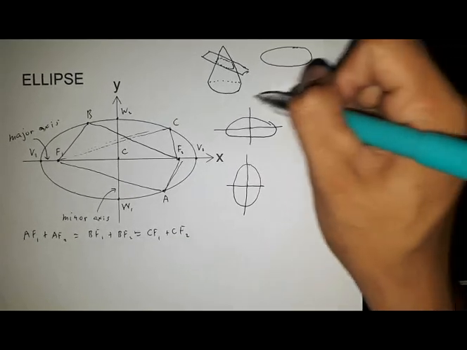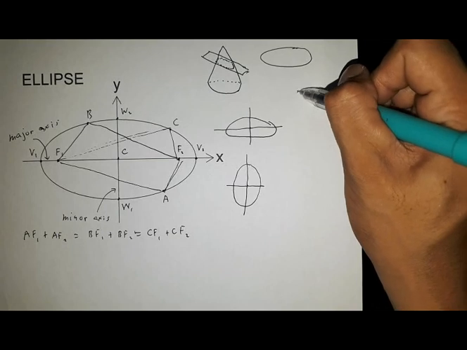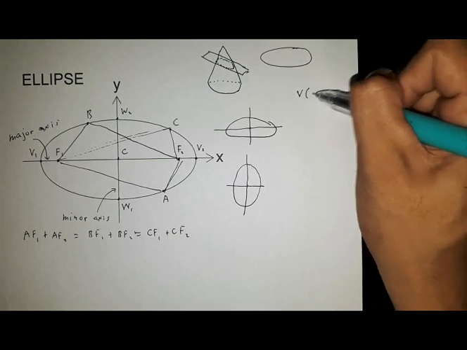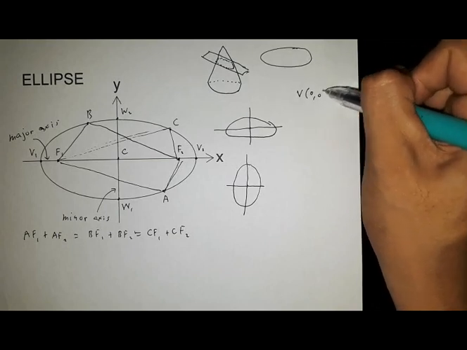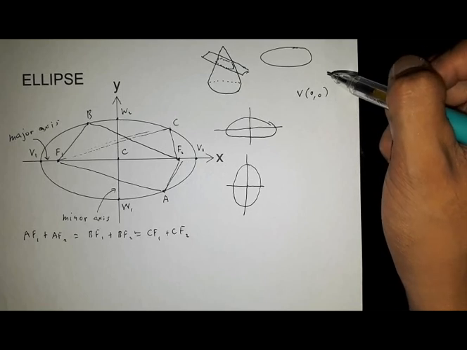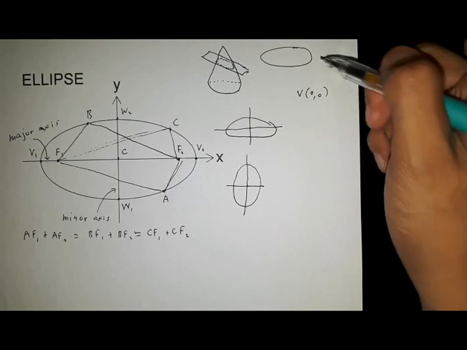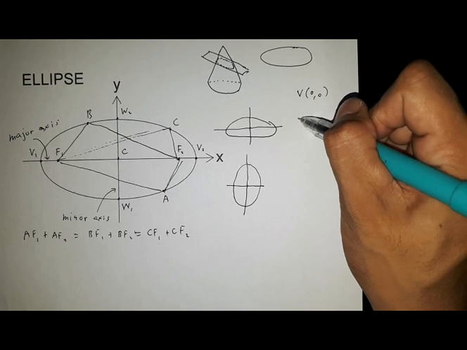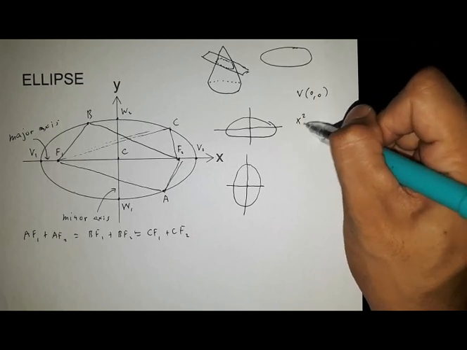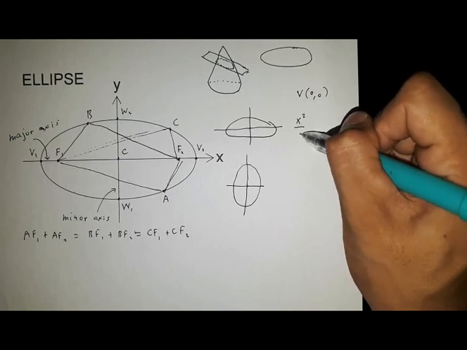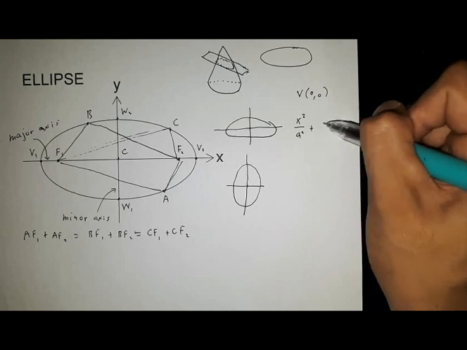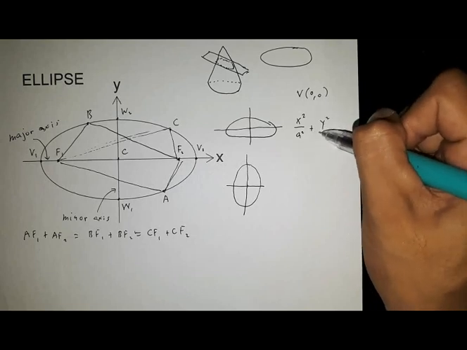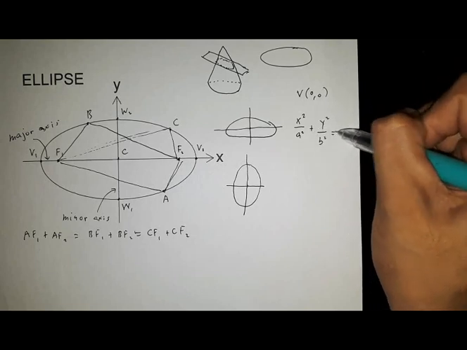So if we have an ellipse with center at the origin, and this is horizontal, you have your equation x squared over a squared plus y squared over b squared equals 1.